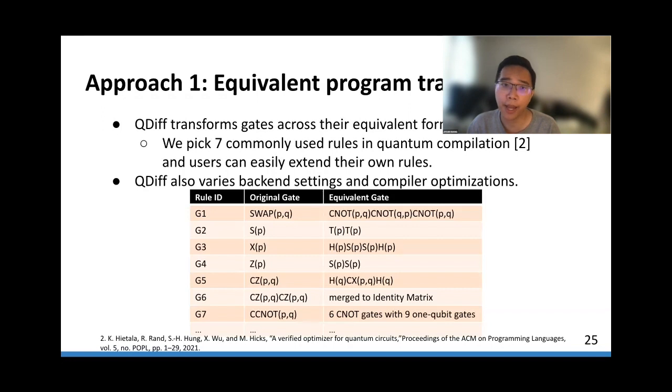QDiff also varies backend settings and compiler optimizations. For example, we can run a circuit on different backends, from quantum simulators to state vector simulators and real quantum computers. We also explore the compiler setting options, including customized optimizations and the other default compiler optimization options.